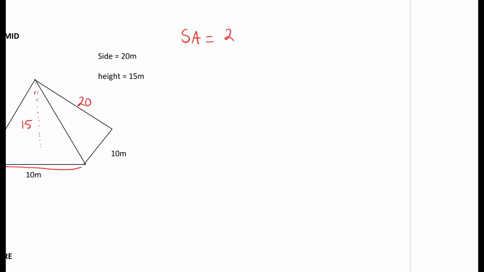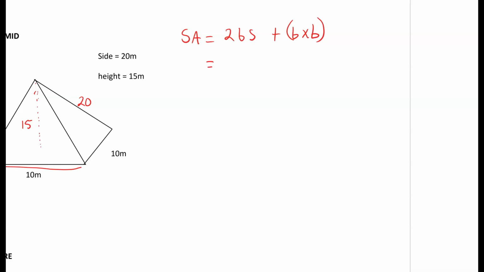2 multiplied by our base times our side, plus base times base. So we'd have base squared, really, because we're going to have a square shape on the bottom of our pyramid.